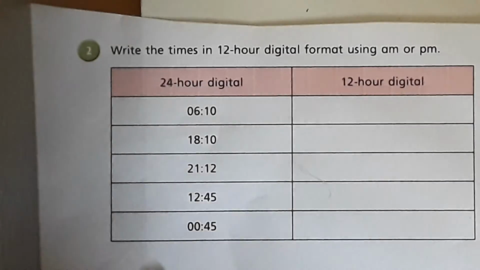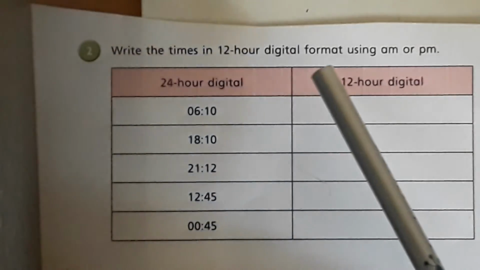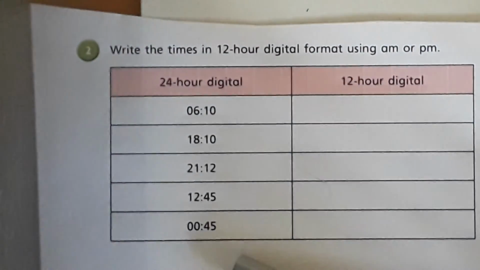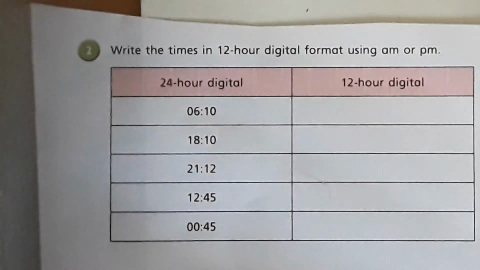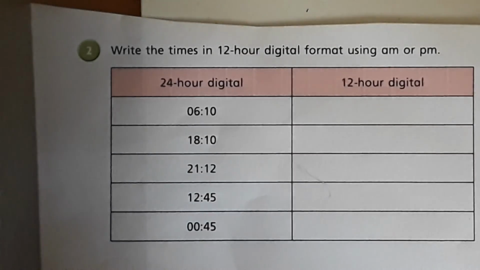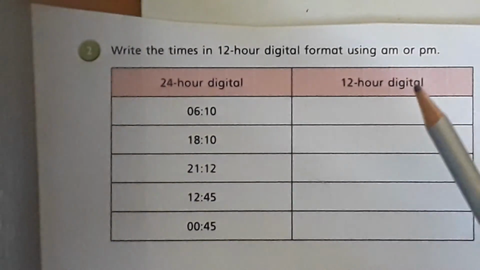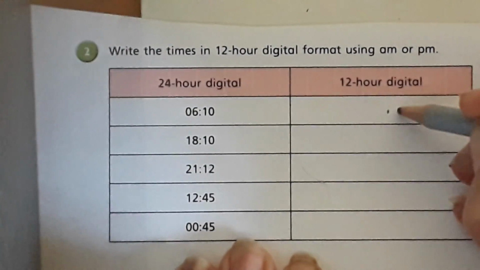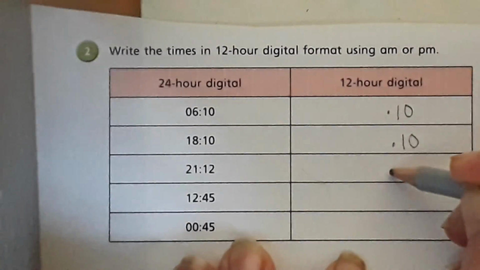So this is my little hint for question number 2. It says, write the times in 12-hour digital format using AM or PM. So here you've got the 24-hour time, and here you're going to need to write the 12-hour time. My little hint, when you are just converting between 24-hour and 12-hour, or 12-hour and 24-hour, the minutes actually don't change because the time itself is the same.